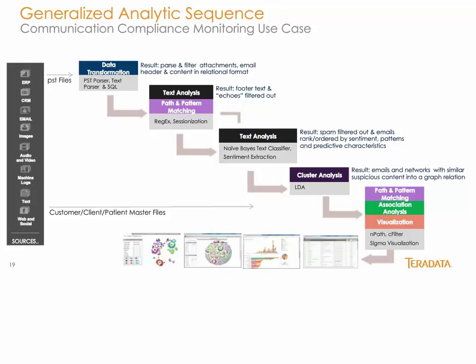So yes, this does work on text messages, tweets, blog posts, web comments, anything like that. And again, the analytic process here is fairly generic and will serve whatever purpose it is, whether it's to do some compliance detection or to do some sentiment analysis. It all is very generic.